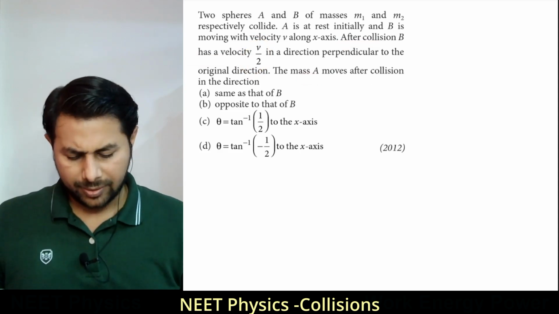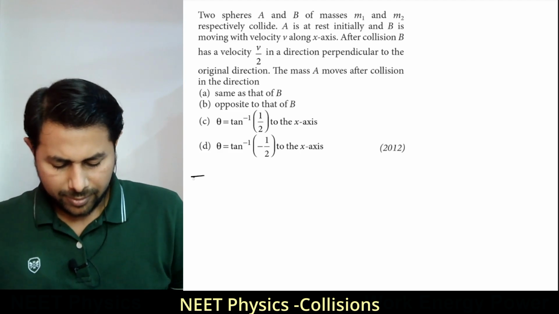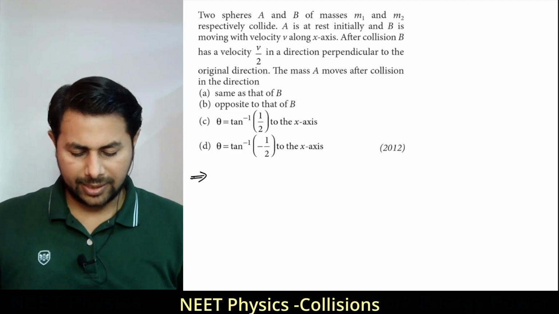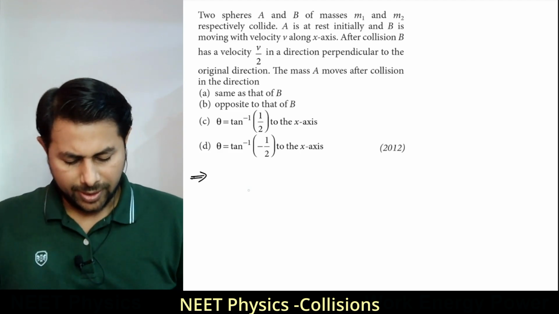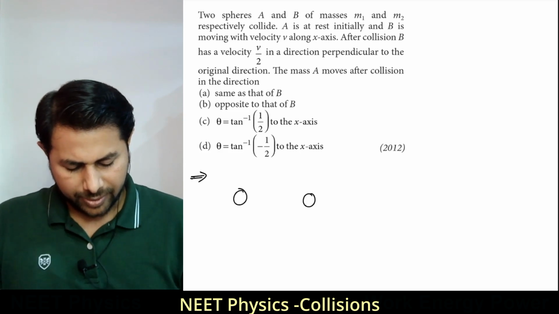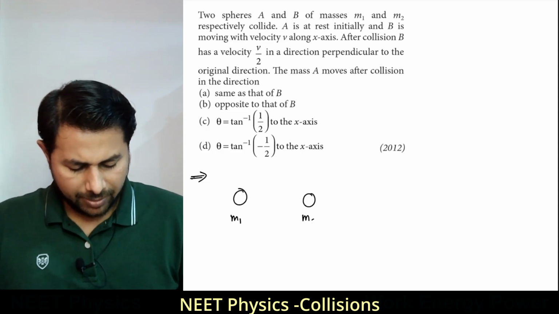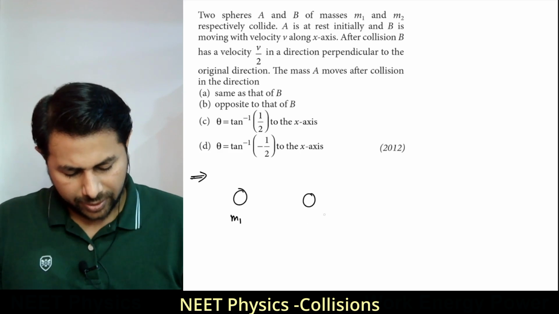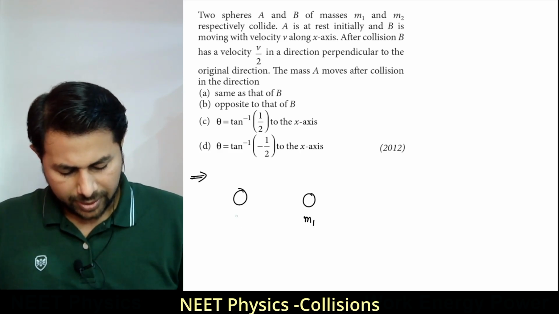Okay, tell me. So two spheres A and B of masses m1 and m2 respectively. So A has mass m1 and B has mass m2. Okay, m1, m2, and they collide. A is at rest initially. Okay, so let's call this one as A because it is at rest.